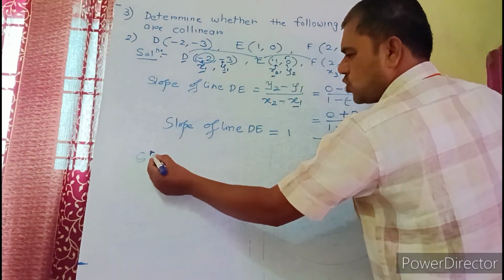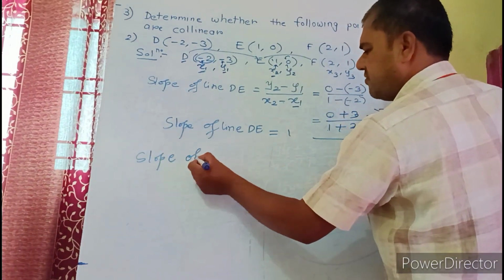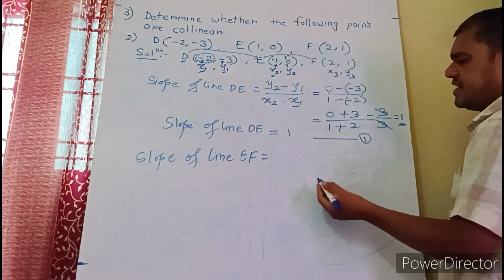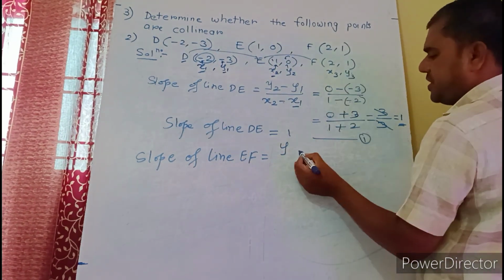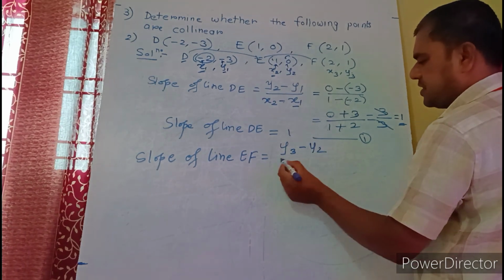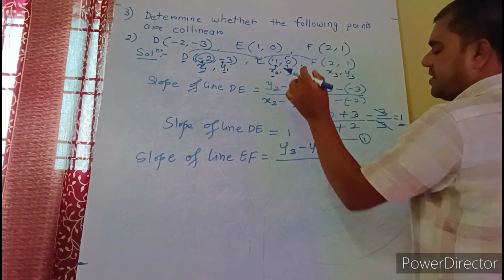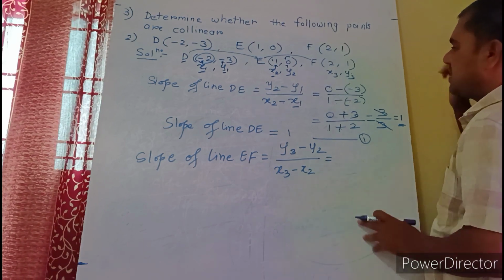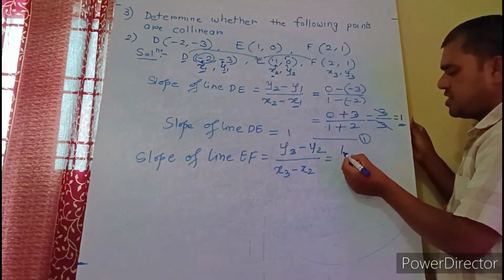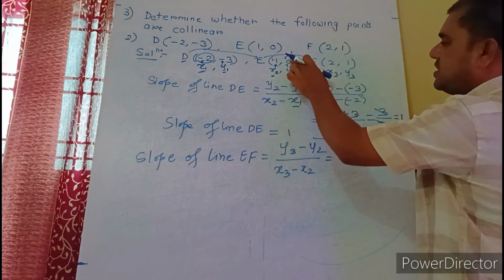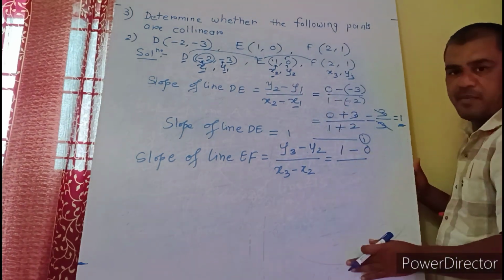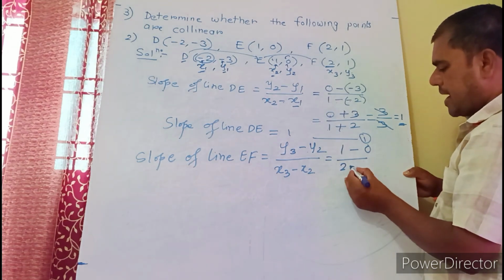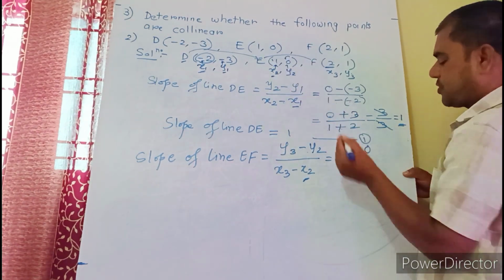Now we have to find the slope of line EF. The slope of line EF will be equal to y3 minus y2 divided by x3 minus x2. By putting the values here, the value of y3 is 1, minus the value of y2, which is 0, divided by the value of x3, which is 2, minus the value of x2, which is 1.